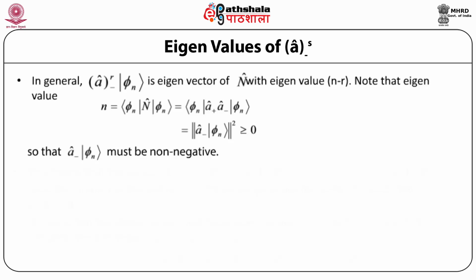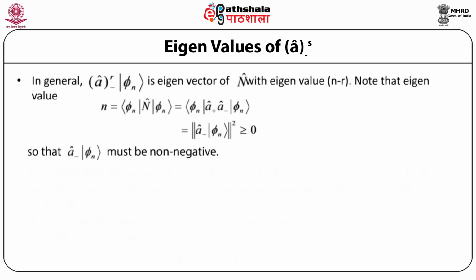And now if we replace the number operator with its corresponding value in terms of the raising and the lowering operator, then the equation that we get is bra vector phi n, the raising operator a plus, the lowering operator a minus acting on ket vector phi n, and this gives us the square of the norm of the lowering operator a minus acting on the eigenvector phi n, which should be greater than or equal to 0.